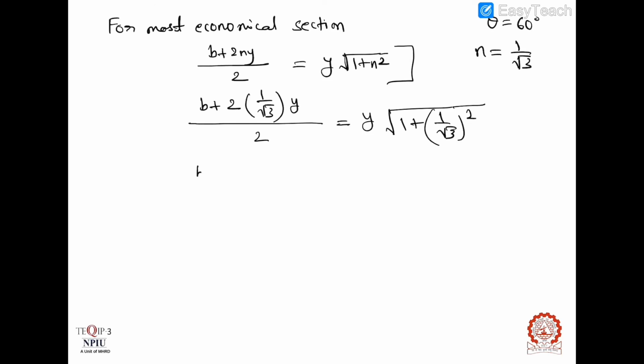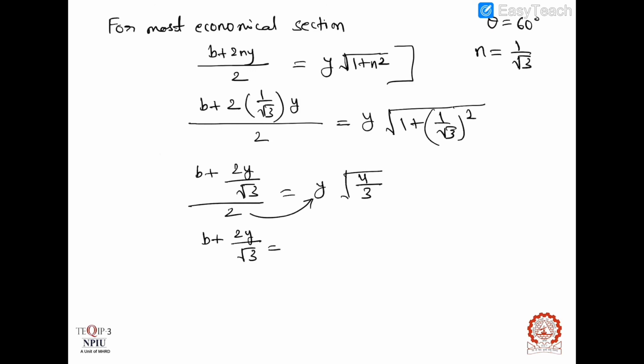So this will become b plus 2y by root 3 divided by 2 is equal to y root over 4 by 3. This 2 we transfer here, and root over 4 comes out as 2, so 2y by root 3. So b is finally equal to 2y by root 3.